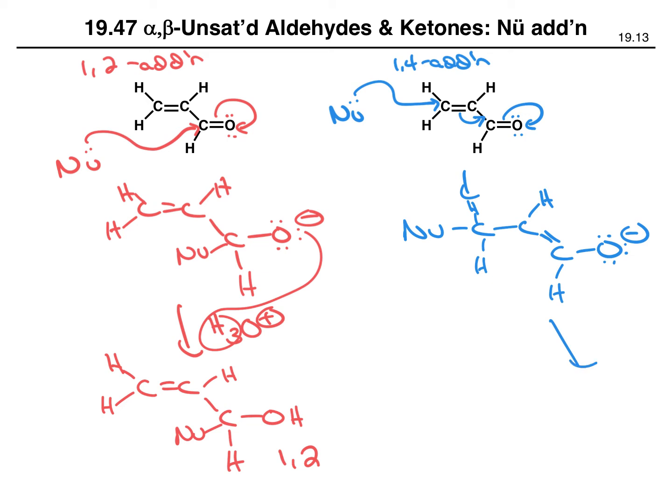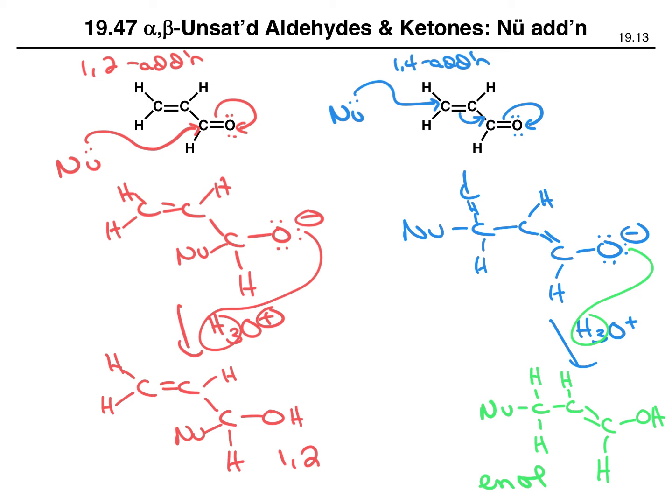One is that the O- could grab off a proton from here, and that would give this, which is an enol, because we have an alkene and one of the alkene carbons is connected to an alcohol. The other possibility is that these electrons come back in to reform the carbonyl, and then these electrons grab a proton.